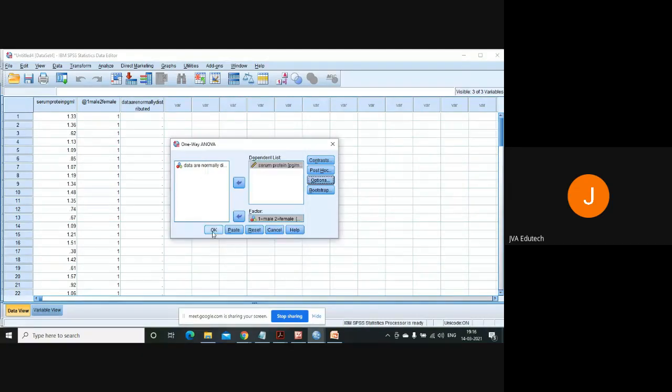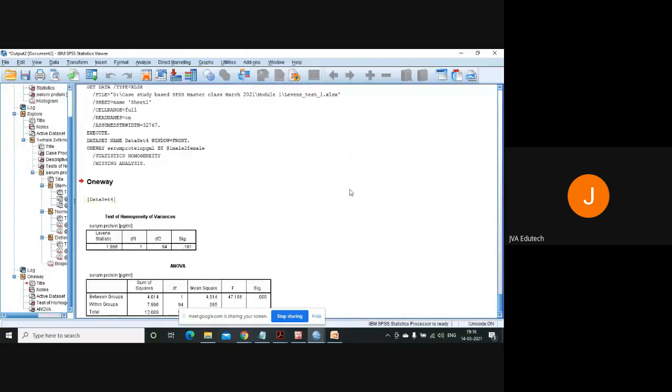Click on Continue. Now our hypothesis was that sigma 1 is equal to sigma 2. That was our null hypothesis.